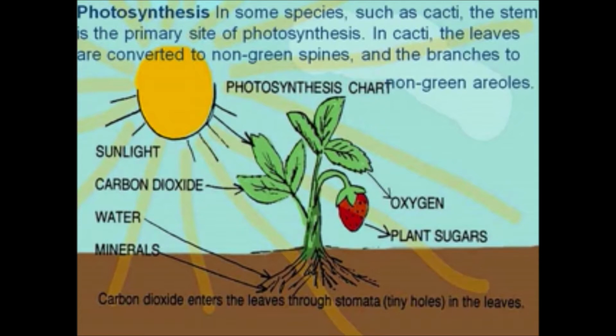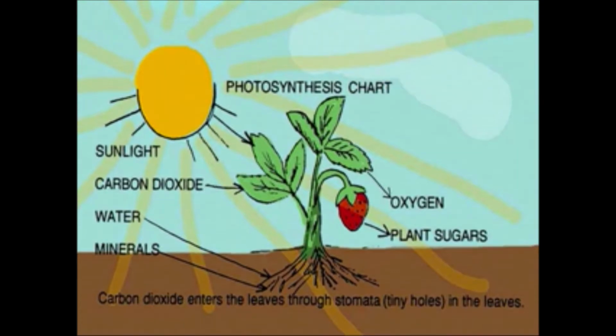Photosynthesis. In some species such as cacti, the stem is the primary site of photosynthesis. In cacti, the leaves are converted to non-green spines and the branches to non-green areoles. So here you can see in the photosynthesis the sunlight, water, minerals.